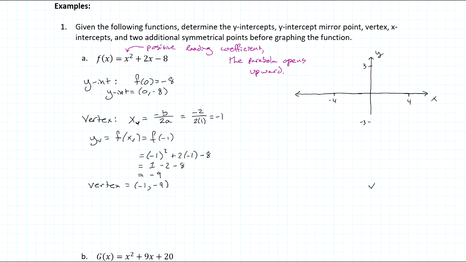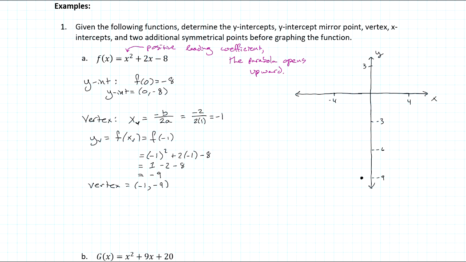I'm realizing I'll put that on the other side. Negative 3, negative 6, and negative 9. And I was thinking that because that point, negative 1, negative 9, is going to go right here, and I don't want to get in its way.